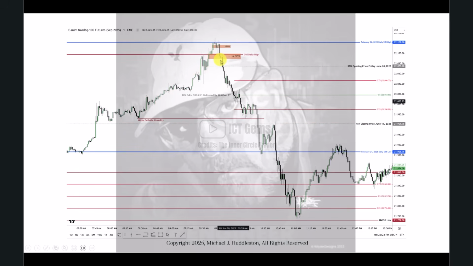I teach that there's a 70% likelihood that the consequent encroachment midpoint of the opening range gap would be hit by 10 a.m. Eastern time. Well, what do you know, I have the cursor on the screen as I did the screenshot here, and that's this candlestick right there. It's slamming into consequent encroachment of the opening range gap here, nails it at 9:59. So delicious. There it is, delivering exactly.